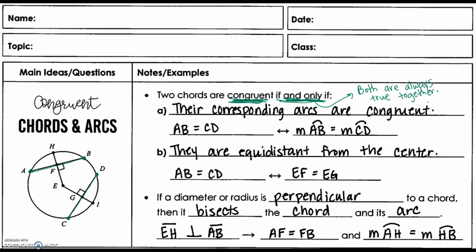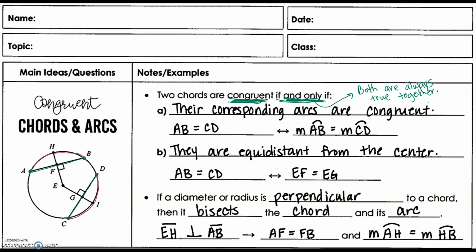So if their corresponding arcs are congruent, which means that if I knew arc AB was congruent to arc CD, then chord AB is congruent to CD. So basically, corresponding parts that match up are also going to be congruent.